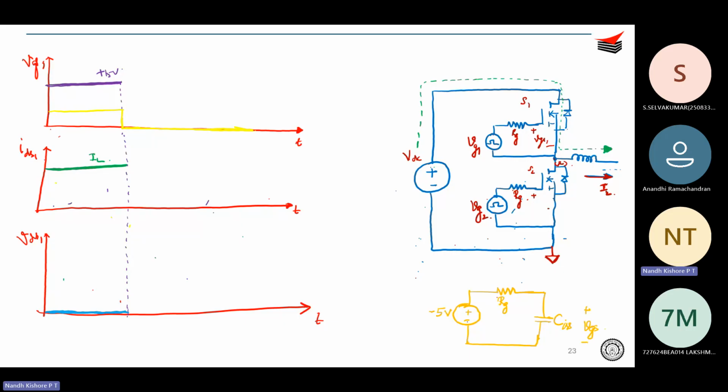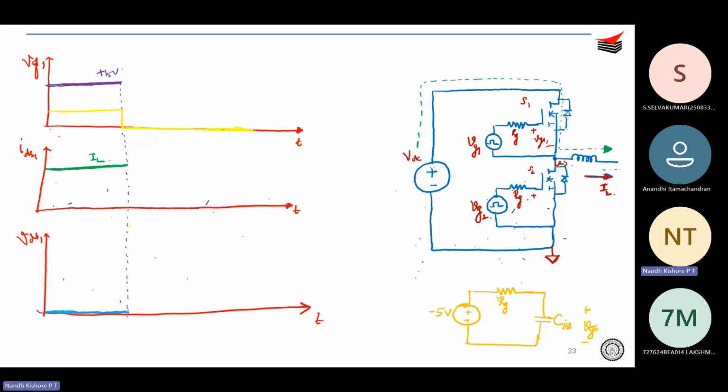Once this is known, what would be the profile of decrease of my VGS? It would be 1 minus e power minus t by tau, right? I'm sorry, it would be e power minus t by tau.